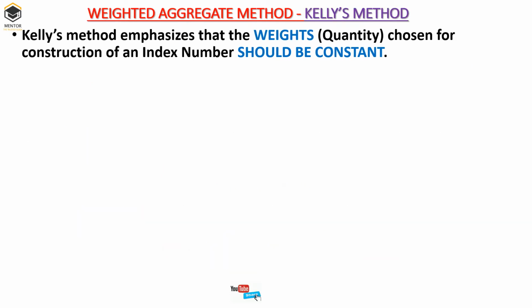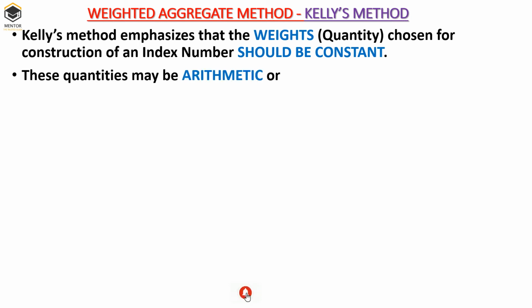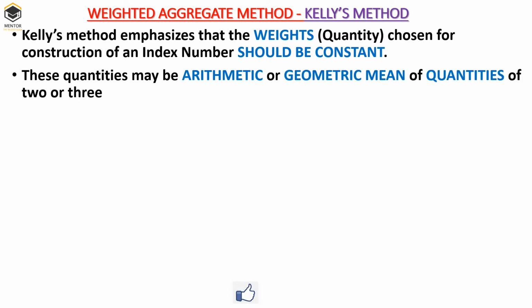Next we have Kelly's method. Kelly's method emphasizes that the weights, which are nothing but quantities chosen for the construction of an index number, should be constant. So here the author has focused on weights, and these weights should be constant. These quantities may be the arithmetic or geometric mean of the quantities of 2 or 3 years.